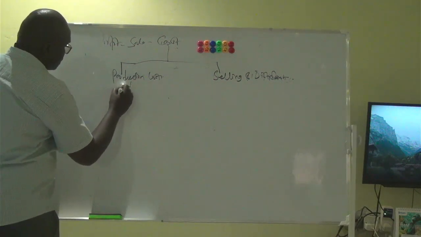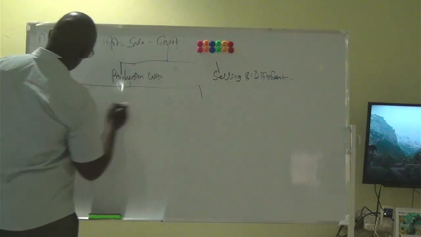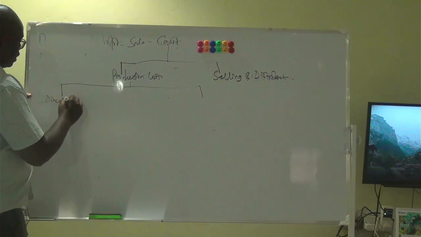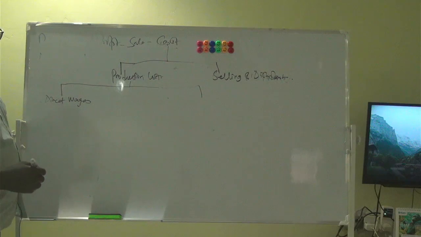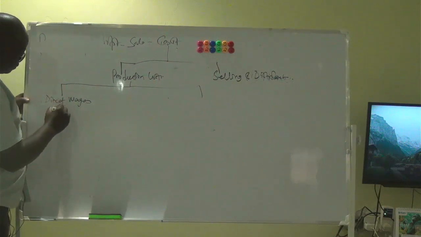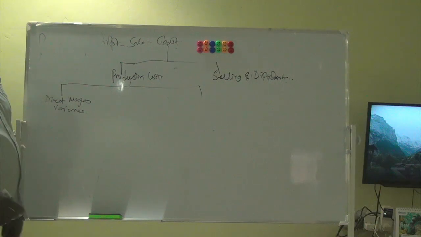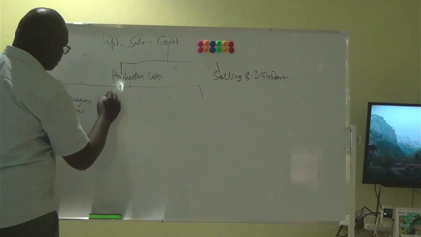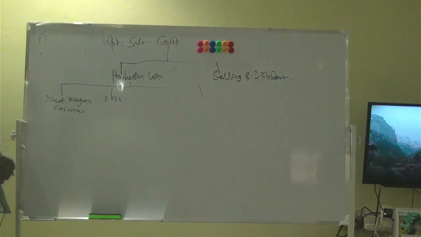direct wages. Let me just bring it here. Of course, there will be several of them. So one of them is the direct wages variance. After direct wages variance, we have direct material variance.